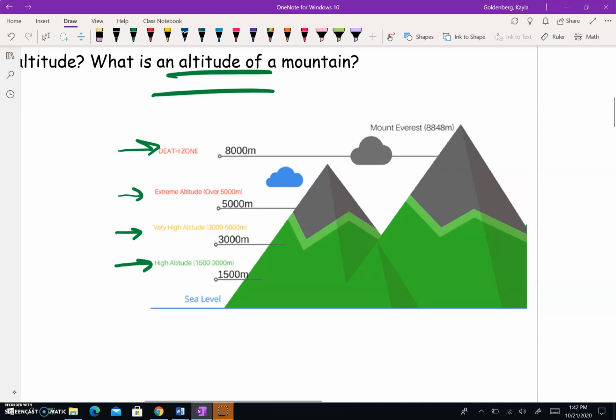So why is it extreme, what makes it scary up there? If you've ever heard about climbing mountains or what it takes to climb Mount Everest, there's less oxygen as we go up.